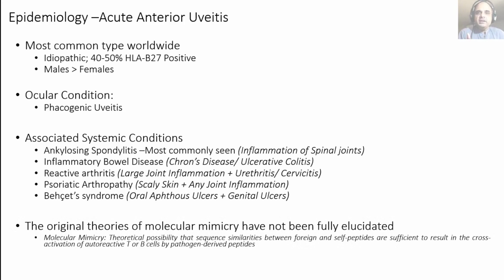The theory of autoimmunity in uveitis is one of molecular mimicry, but it's not been clearly elucidated. And I'm sure you know what molecular mimicry is. It's a foreign protein that cross-reacts with your own innate proteins or self proteins or peptides, and they can activate your immune system.